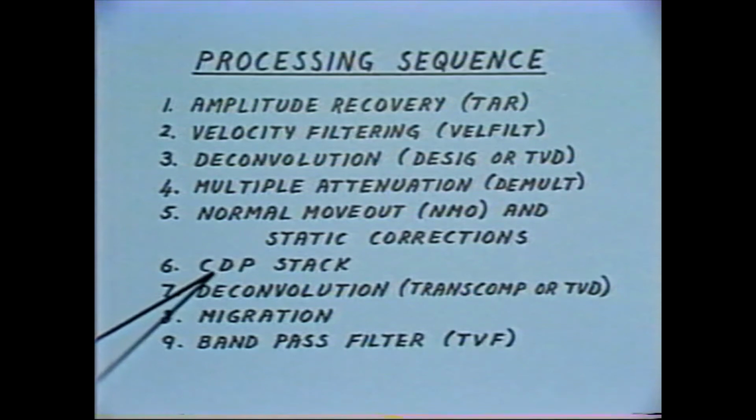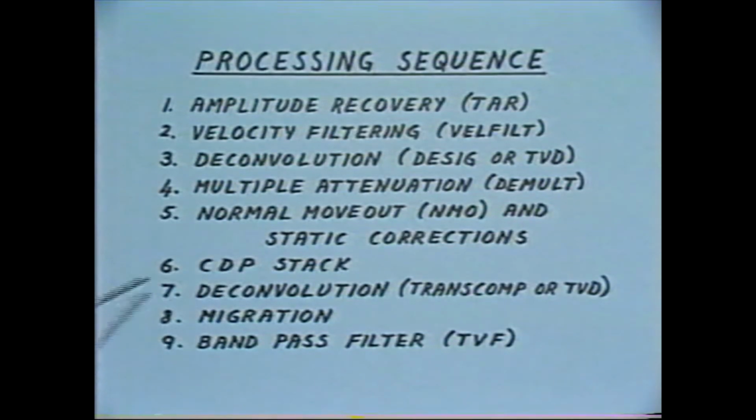Then at this stage, common depth point stacking would be done, of course, after the normal move-out and static corrections. And this is really one of the main dividing points in the processing sequence. All the processes before this must be applied to the individual traces before they're stacked together.